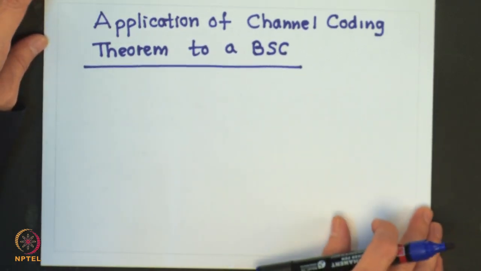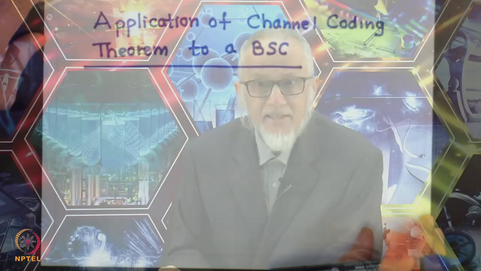Though we are not going into the formal proof of Shannon's second theorem, that is the channel coding theorem, earlier when we were discussing the physical significance of the capacity, we did discuss a binary symmetric channel, and there we provided an argument to show that error free transmission is possible, provided that while transmitting we do not exceed the capacity of a binary symmetric channel, correct?